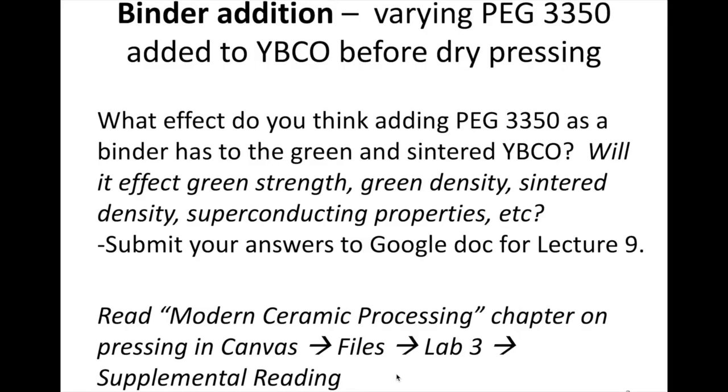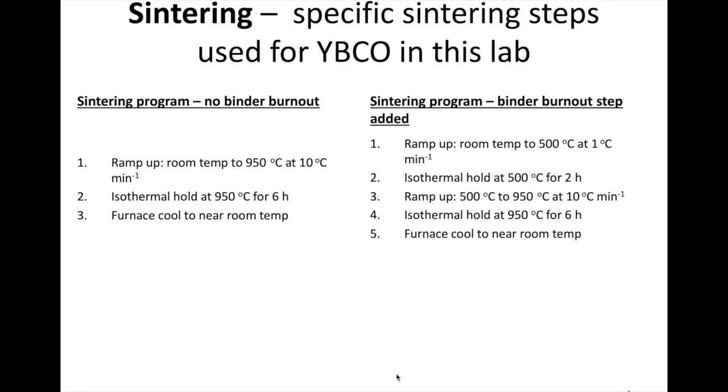So we've talked about the addition of binders. That is one of the variables that we are changing. The other one is during sintering. We're adding binders, and like I mentioned in the last lectures, typically when we do that, we would also add a step to the sintering program to burn off or remove the binder additions or any other organics that may be in the sample.